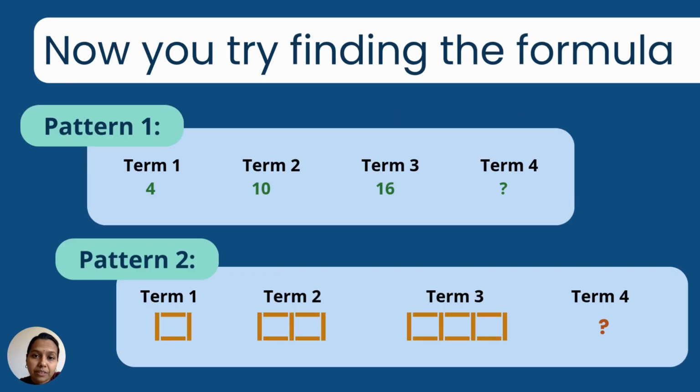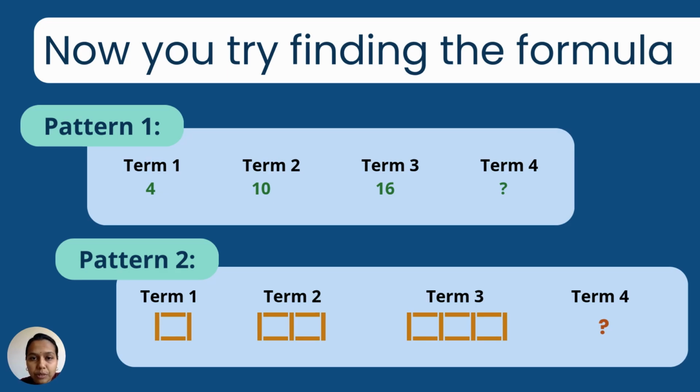Now it's your turn to try finding the formula of these two patterns. Now, it does seem complex, but break it down. You've got 3 simple steps. So A, you're going to find the common difference and multiply it to get your first part of the formula. Then you will compensate using plus or minus to get the balance of your formula. Once you have both parts of your formula, you're going to test it against term 1, term 2, and then term 3.